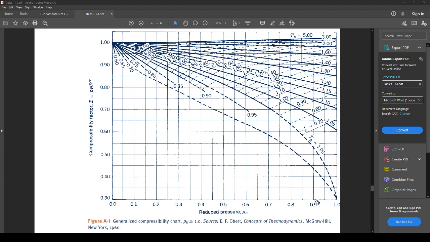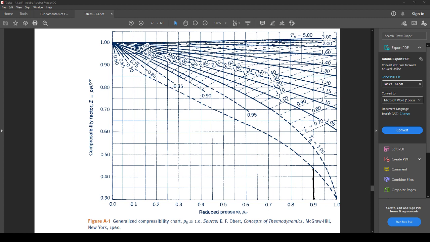I'm not going to be able to do this very effectively, but you guys are just going to have to use your imaginations. I might just call it right at 0.9, right? And then I'll slide just a little bit over. So 0.9 is what we're driving up. We've reached our reduced pressure of 0.9. We now have to go up and find our reduced temperature of 1.22.